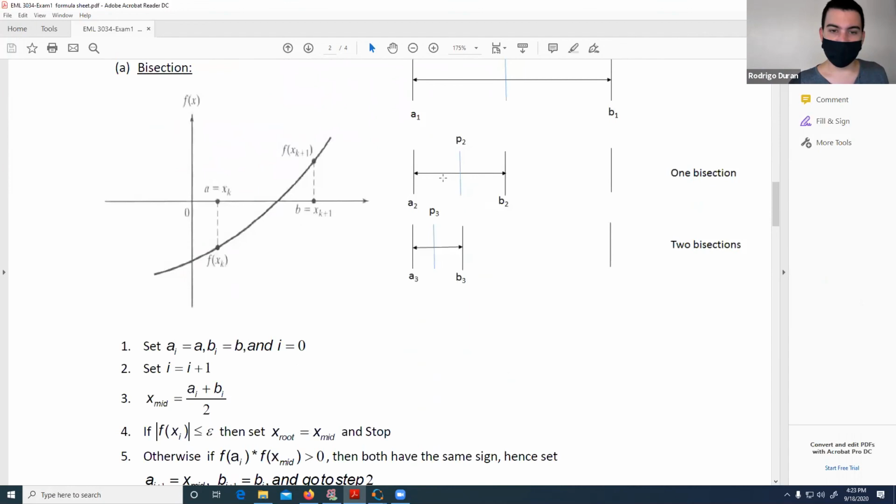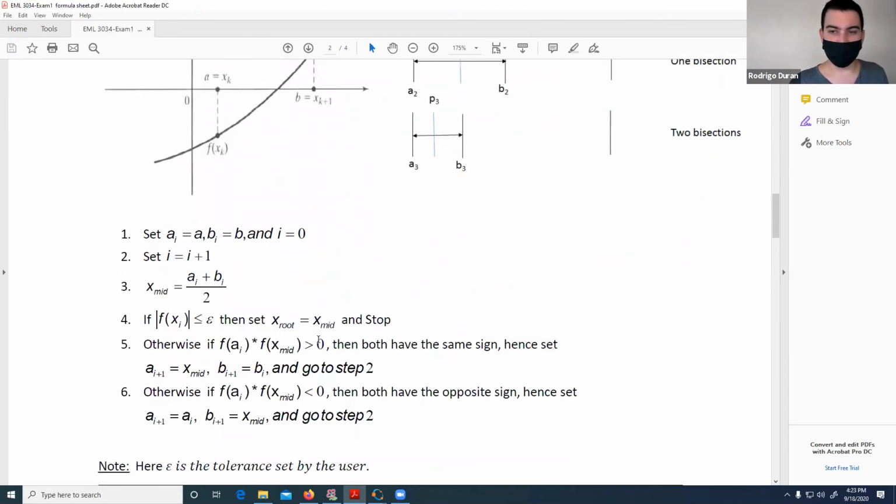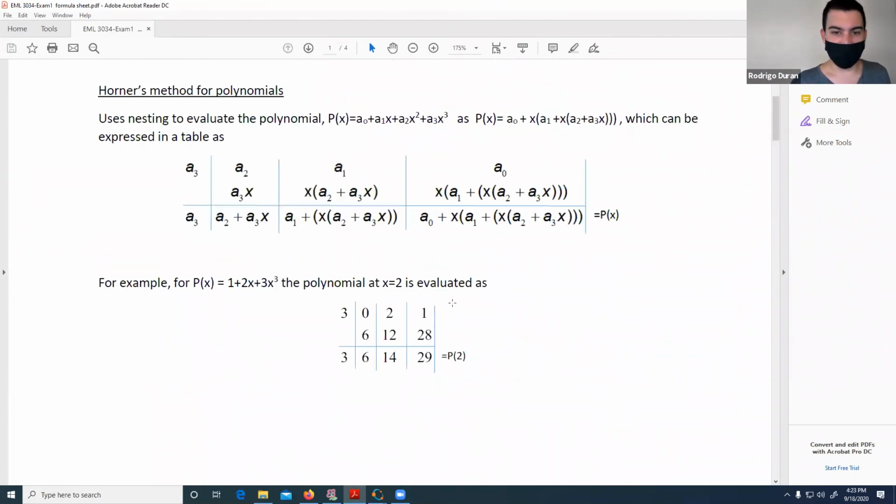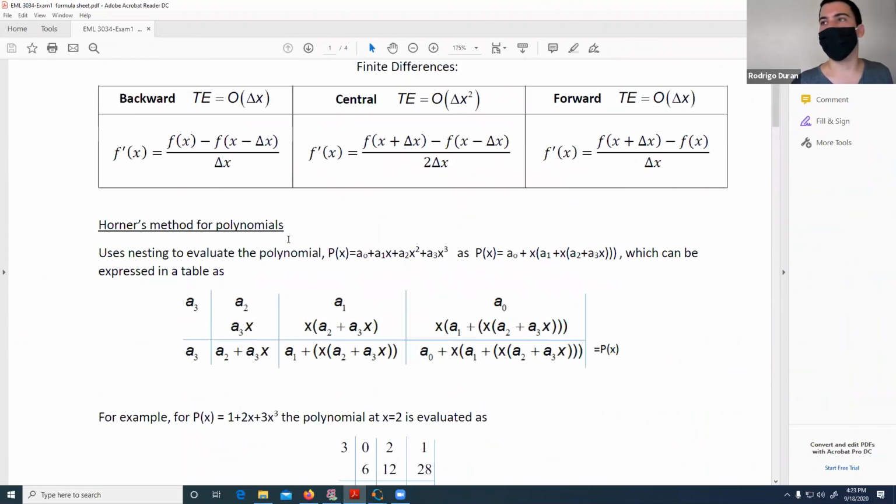Root solving algorithms, here's all of them. Bisection, this is bisection. And know how to do Horner's method. Horner's method is just synthetic division. If you know how to do synthetic division, you know how to do Horner's method. As far as conceptually goes, just know that it deflates a polynomial. It evaluates the polynomial at the particular root.